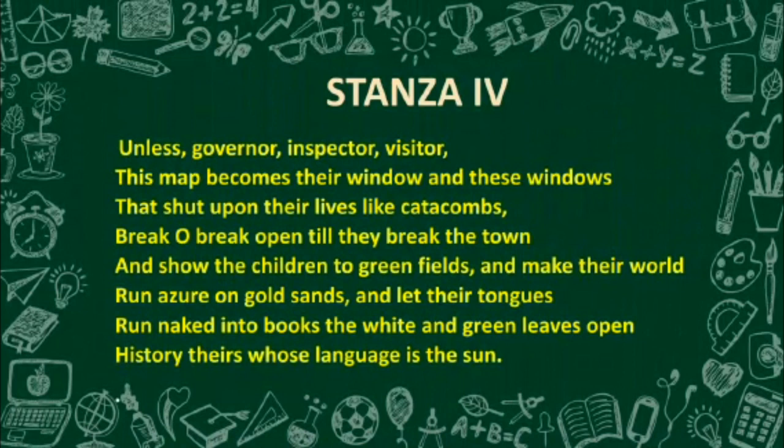Catacombs are death chambers where dead bodies are buried. Dead bodies cannot come out of it. So slums have been compared with catacombs by the poet. What is the need? To take these children out and put an end to the life of slum.